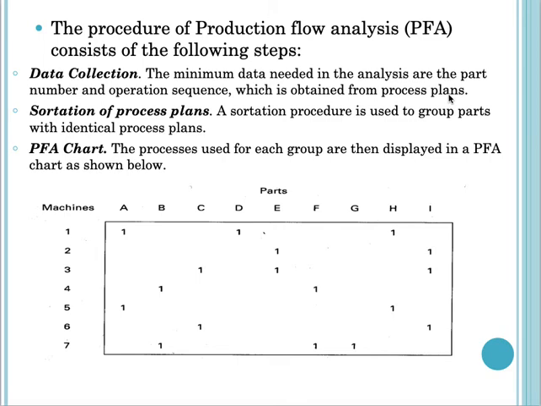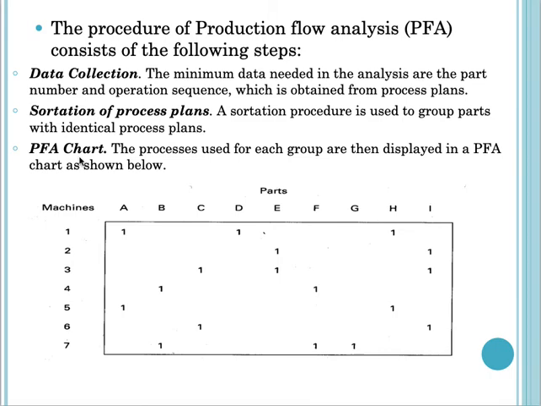Wherever operations are going on, route sheets are available, and from that sheet we have to take the data. After that comes sorting the process plans, that is, parts are segregated and arranged into groups according to similar or identical routing.